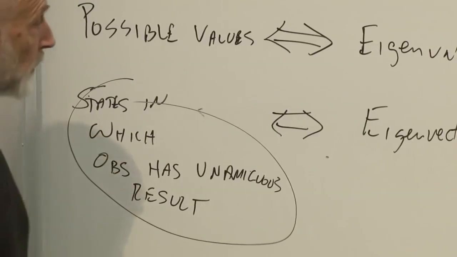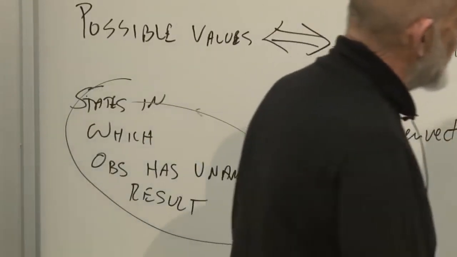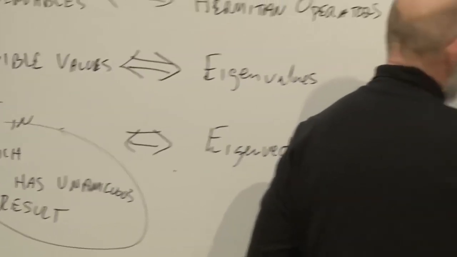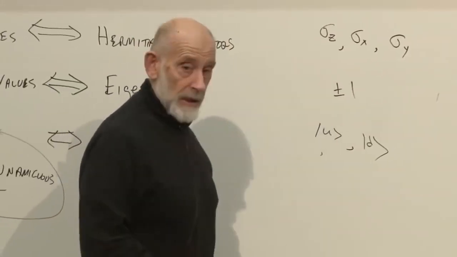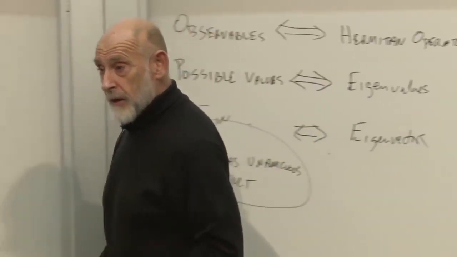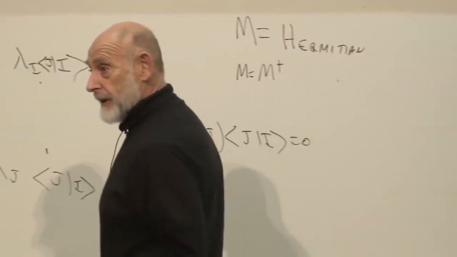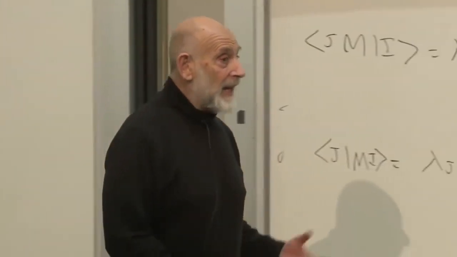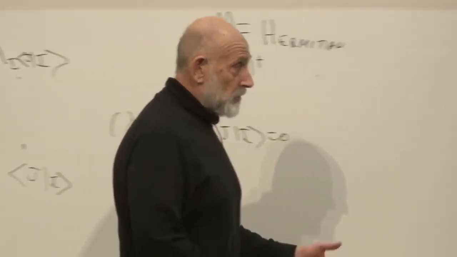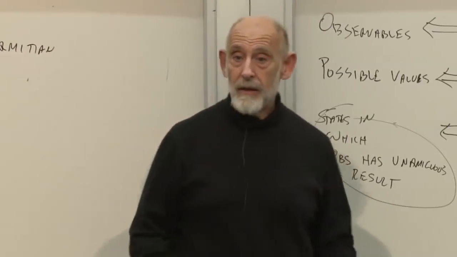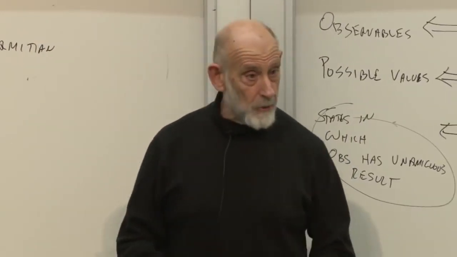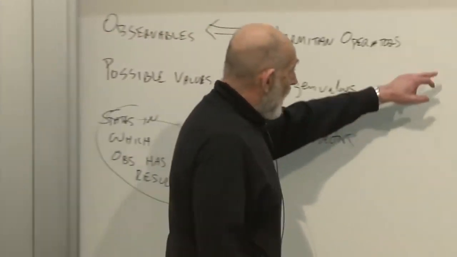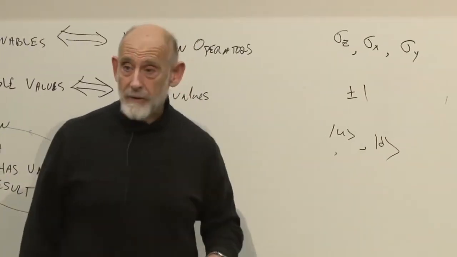For example, we talked about the states up and down. Those are states in which sigma z had definite values. When you're up, sigma z is definitely 1. When you're down, sigma z is definitely -1. For any other vector, sigma z is statistically either +1 or -1, but with randomness. So up and down must be the eigenvectors of sigma z.